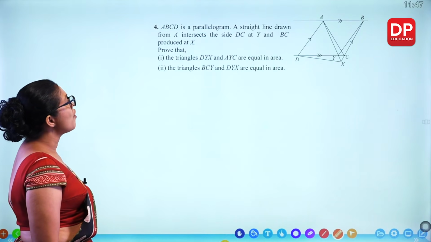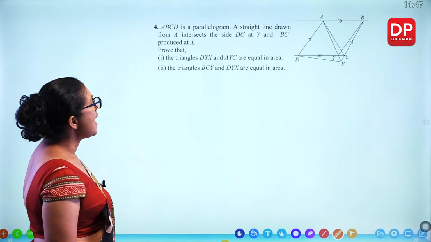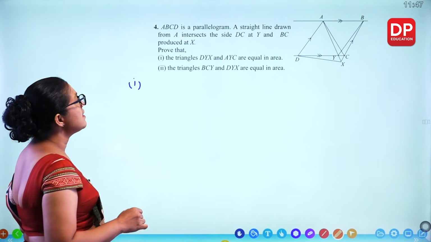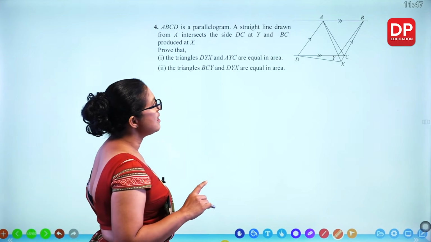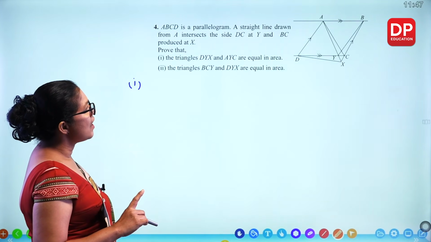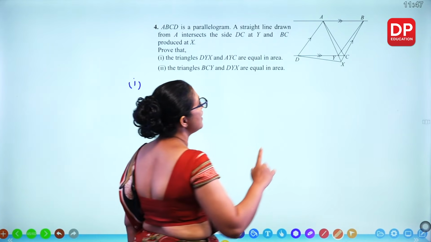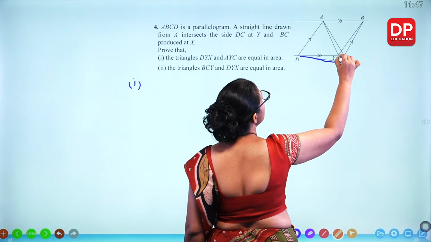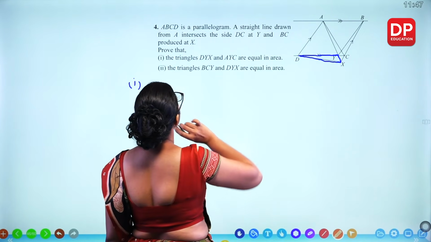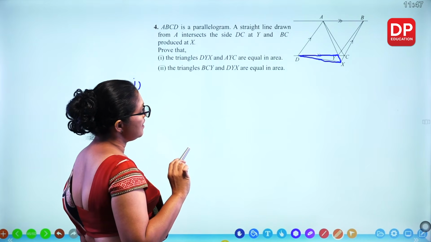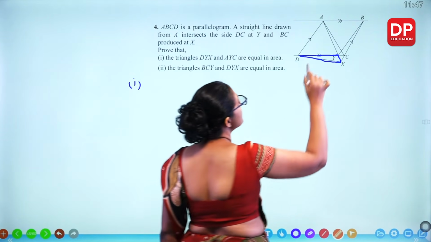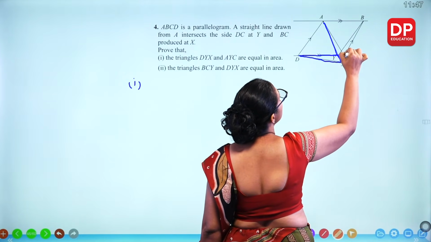A straight line drawn from A intersects the side DC at Y and BC produced at X. Prove that the triangles DYX and AYC are both equal.